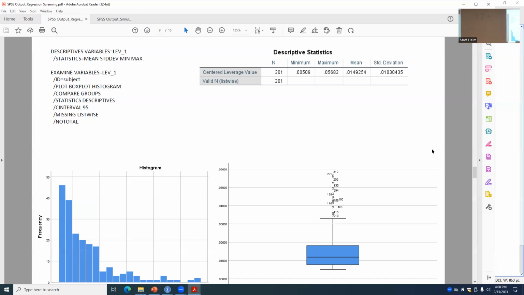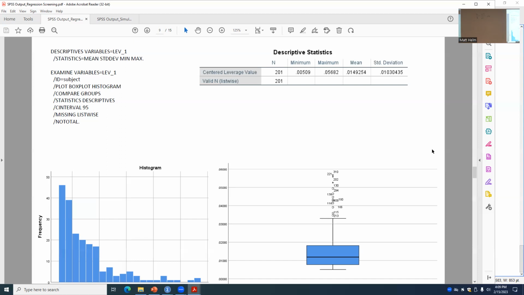If I take a look at my minimum and maximum here, I do have some values that are starting to fall above that. I've got a whole bunch of stuff going on here, but I'm probably going to be more focused on these. These are my big values, my largest leverage values.